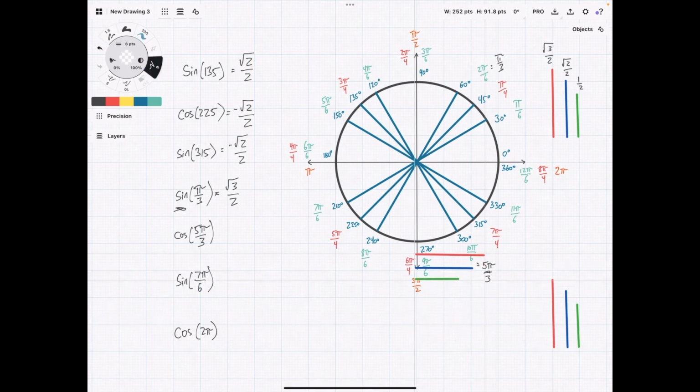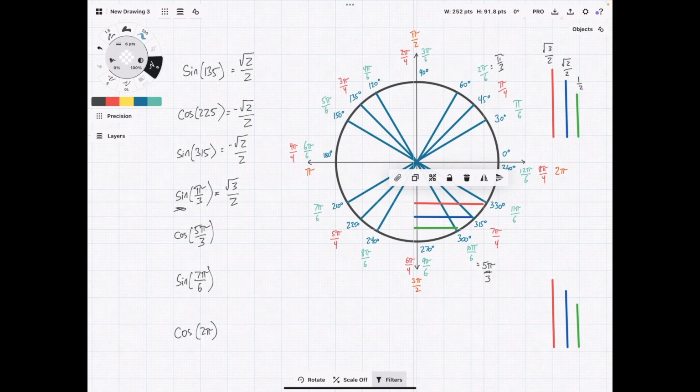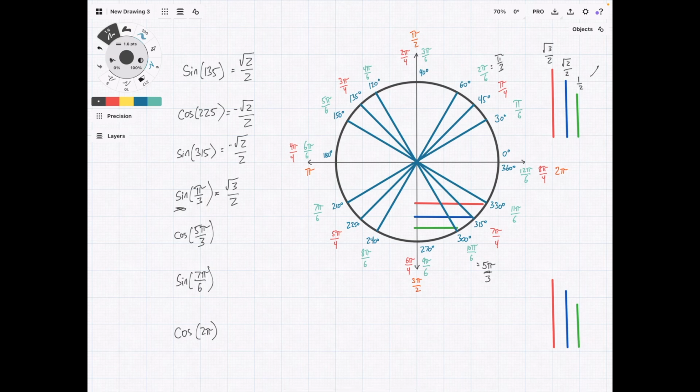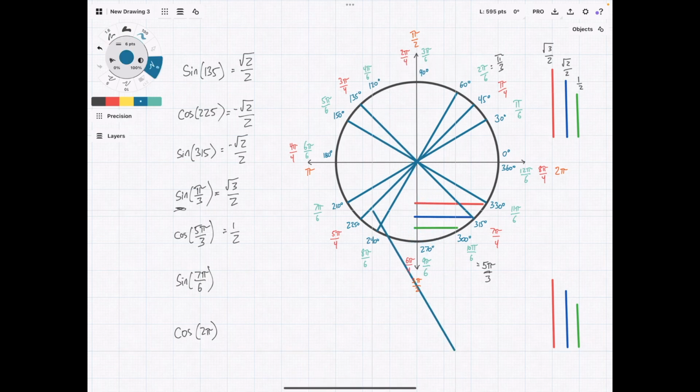So we're going to put our lines over. The lines aren't perfectly measured, but the idea is the same. The green one matches up with our 5 pi over 3, and green is 1/2. That's the short one. So this is 1/2.